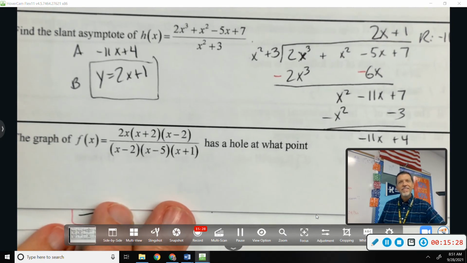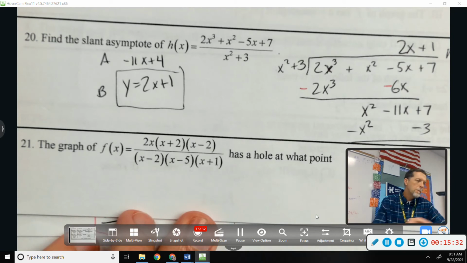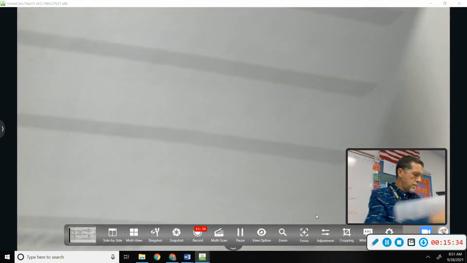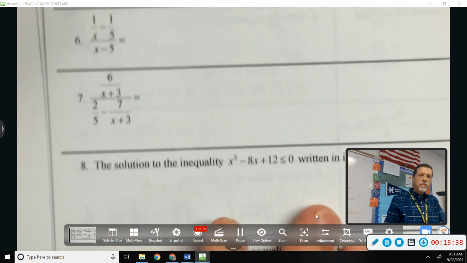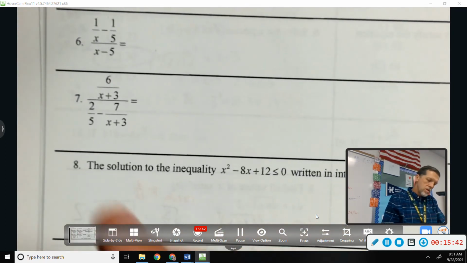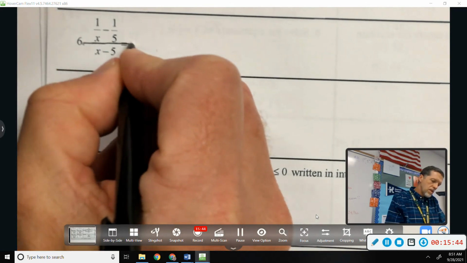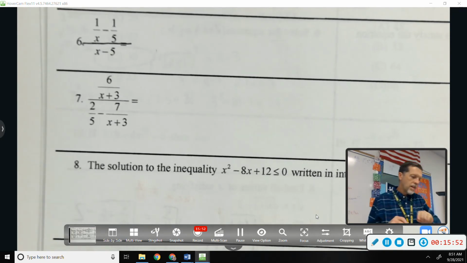I'm looking at number 6 right now, and I have questions. I don't know, maybe it's like algebra 2. Well, you might have to work it a little bit to get around that. Okay. Did you fix the top, fix the bottom, keep it, change it, flip it? Yeah, I'm at the part where I'm about to multiply it. Okay.